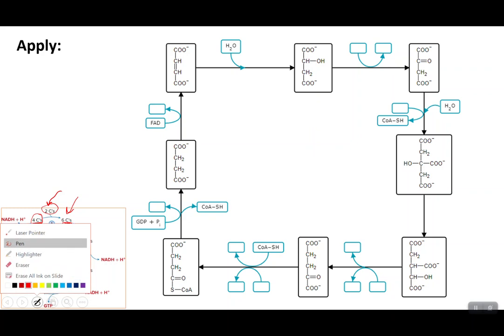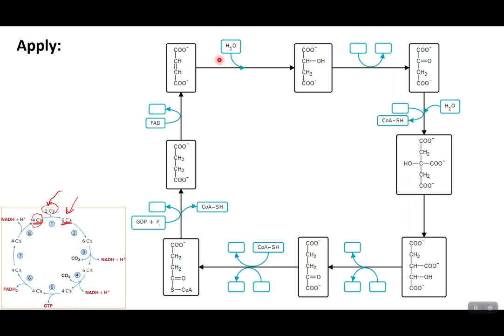So I can inspect all of my molecules along my cycle here, and then I recognize that the point at which I have 4 carbons here, and then I go to 6 carbons here, is the point where my acetyl-CoA comes in. So if I count 1, 2, 3, 4 carbons here, here I have 1, 2, 3, 4, 5, and 6. Okay, so that means that I have acetyl-CoA coming in as a substrate here.